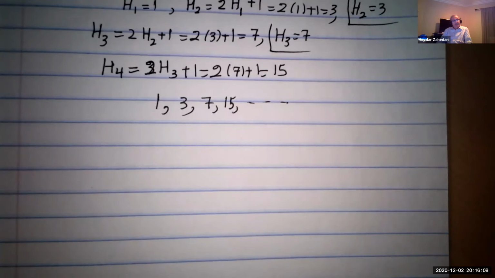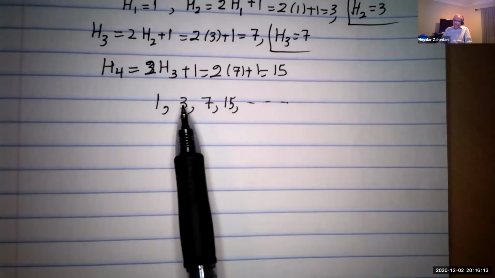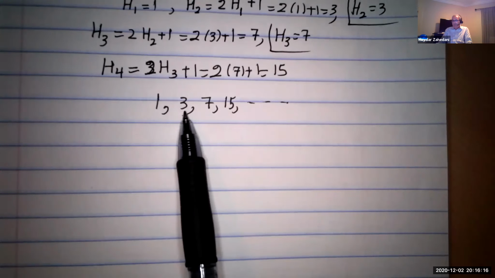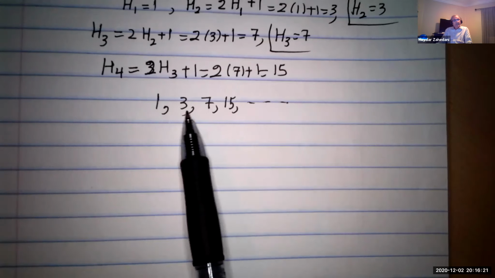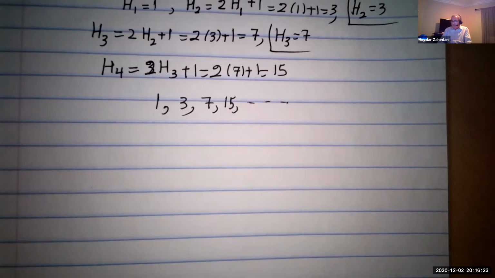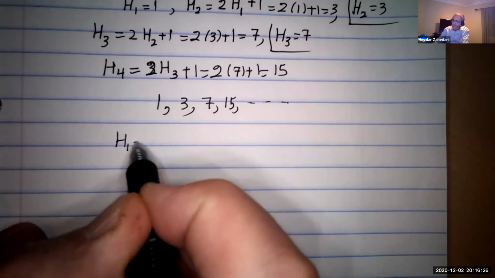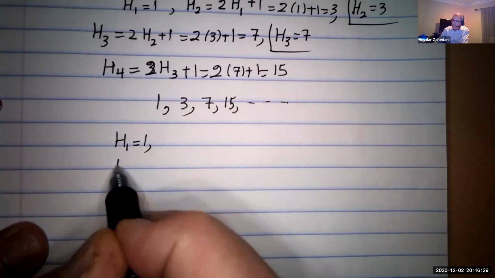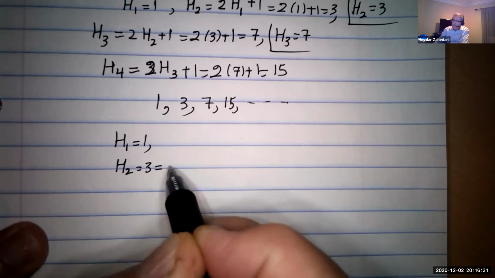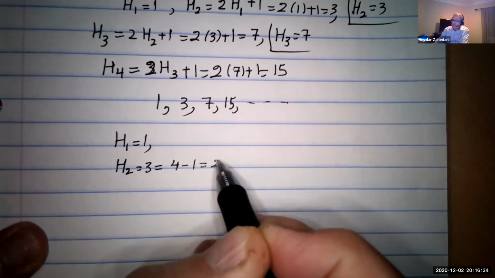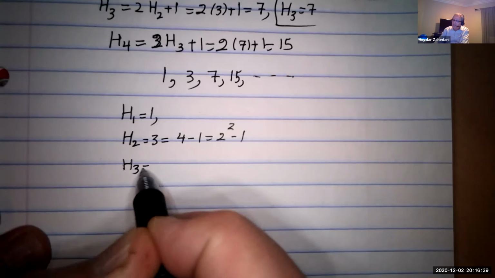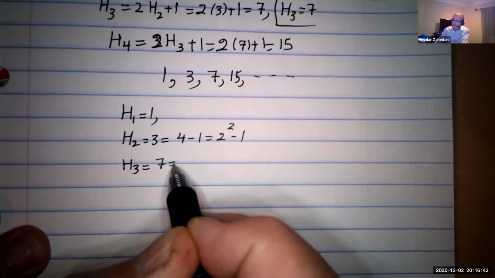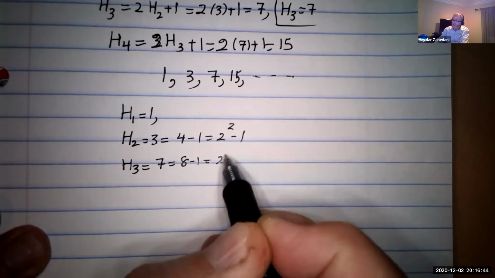This is also easy to find. You see, 3 is 4 minus 1. 7 is 8 minus 1. 15 is 16 minus 1. If you like, to find a formula just for your information, I'm not going to ask you today. H_1 is 1. H_2 is 3, we write that as 4 minus 1, which is 2 squared minus 1. H_3 is 7, which is 8 minus 1, which is 2 cubed minus 1.